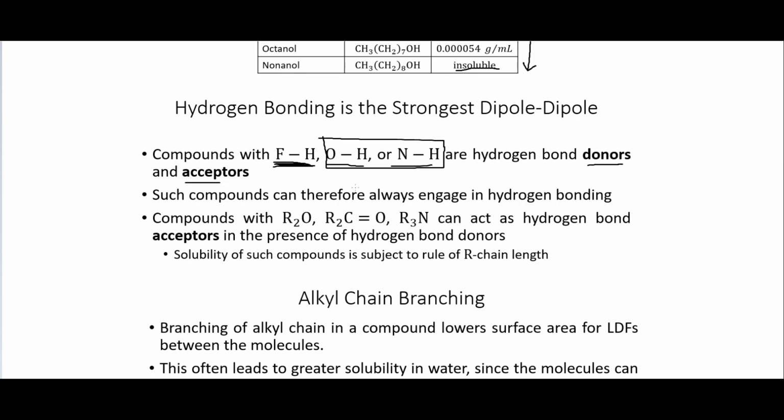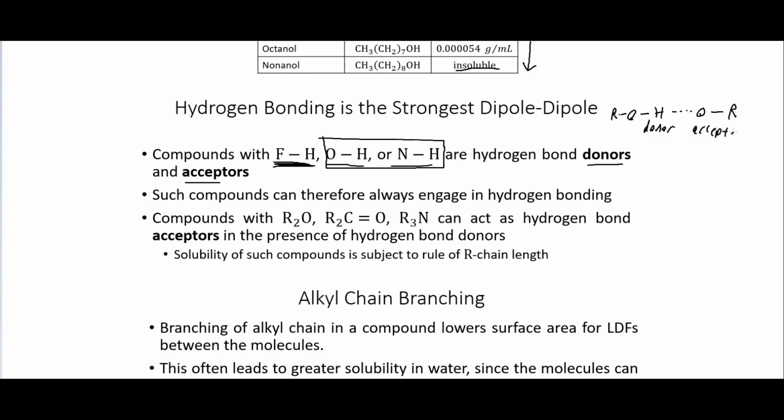What I mean by that is, in a hydrogen bond, if we have an O to an H, and then we have another O going to some R group, we have this hydrogen bonding going on here, where this hydrogen is called the donor group, and this one is called the acceptor group.